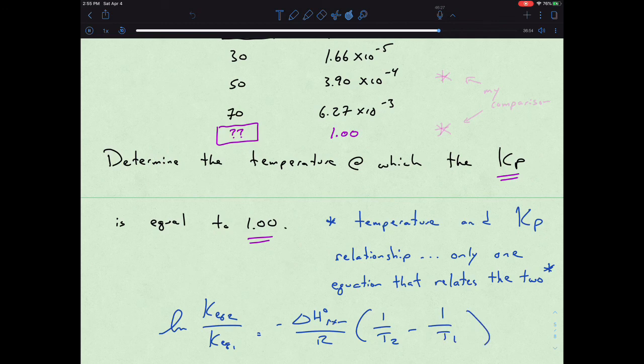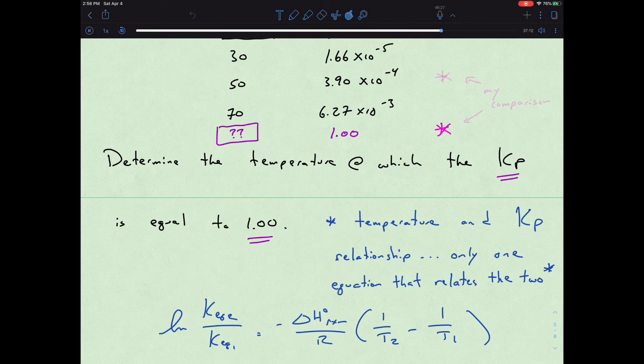And so we just need to go up and pick out temperature and equilibrium constants. We're obviously looking at this value here because that's what we're interested in.